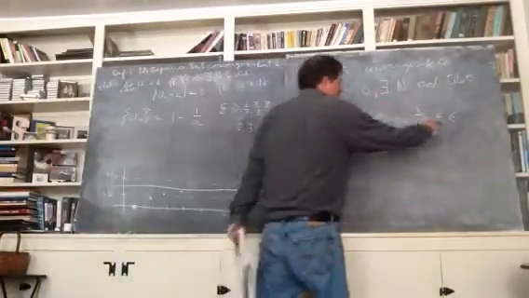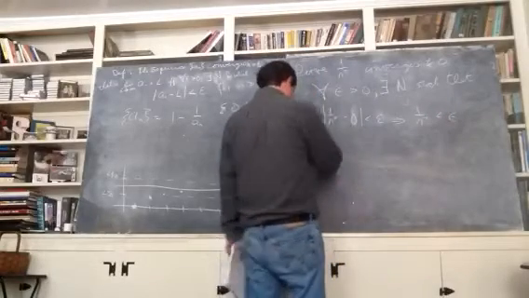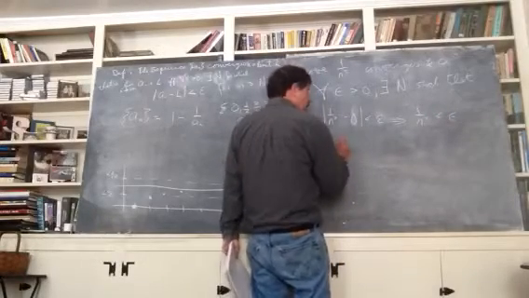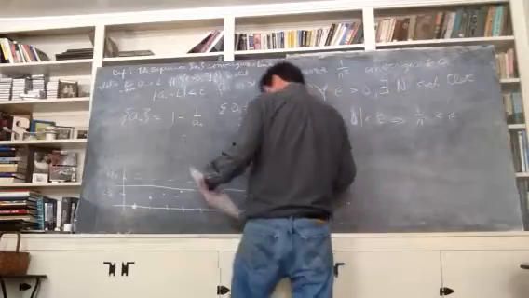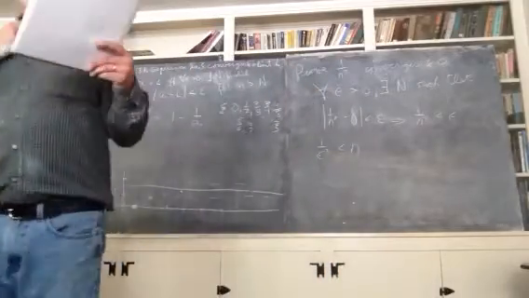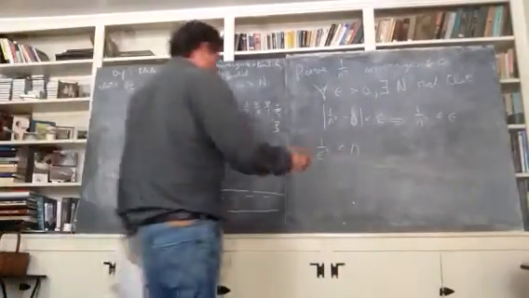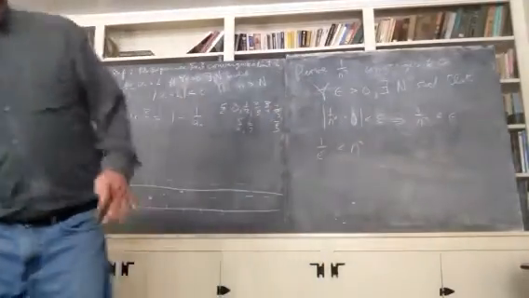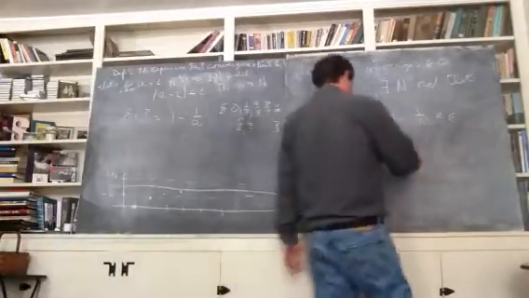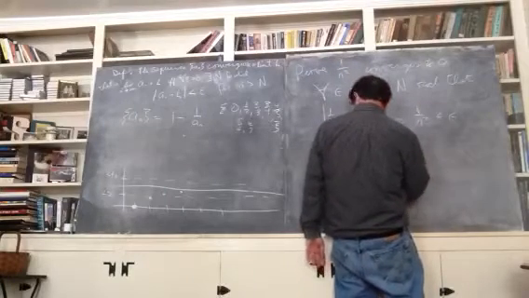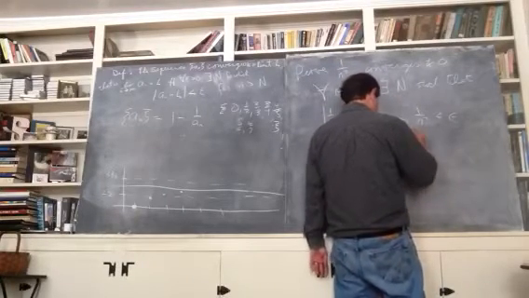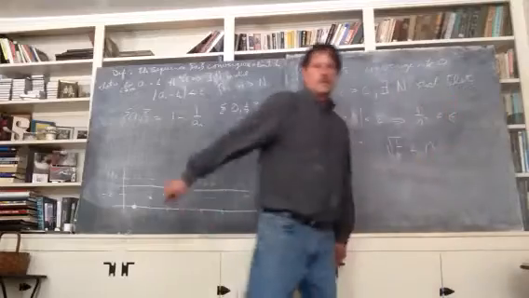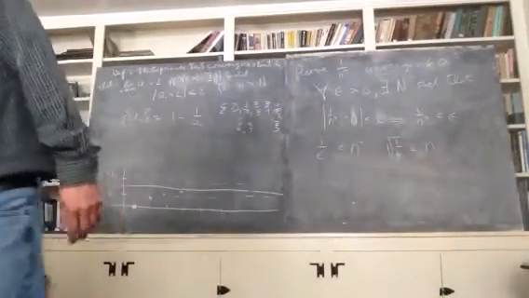And because they're both positive, I can multiply both sides: 1 over epsilon is less than n squared. Then take the square root: the square root of 1 over epsilon is less than n. And there you have it.